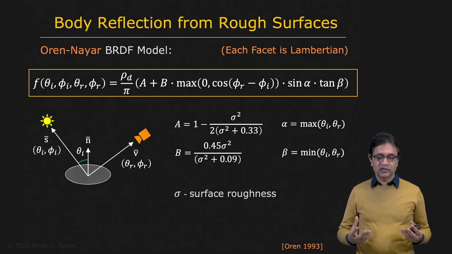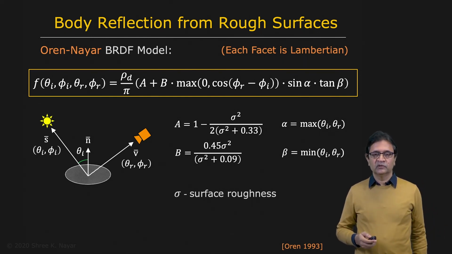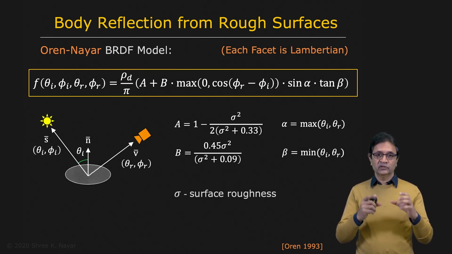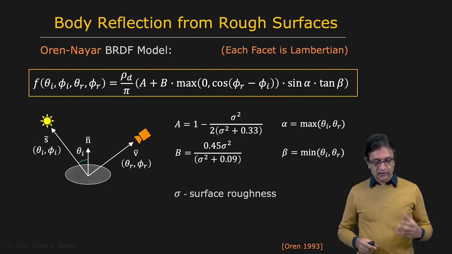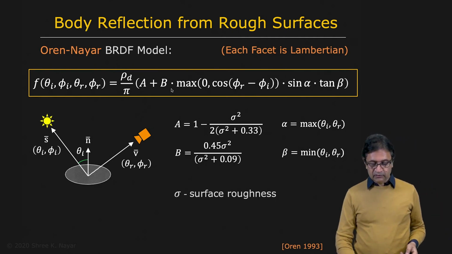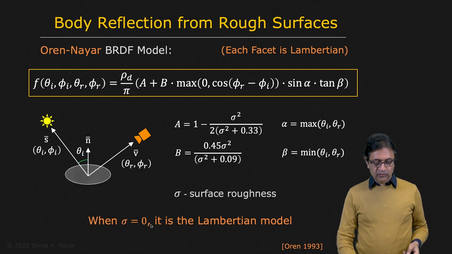You can have rough surfaces which have primarily body reflection, where each point can be assumed to be Lambertian, but when you look at a chunk of the surface, which is what the pixel projects onto, it is a collection of these Lambertian facets pointed in different directions. So in that case, you get this BRDF. We don't need to go into the details of this. And once again, when sigma is equal to 0, this actually reduces down to the perfect Lambertian model.